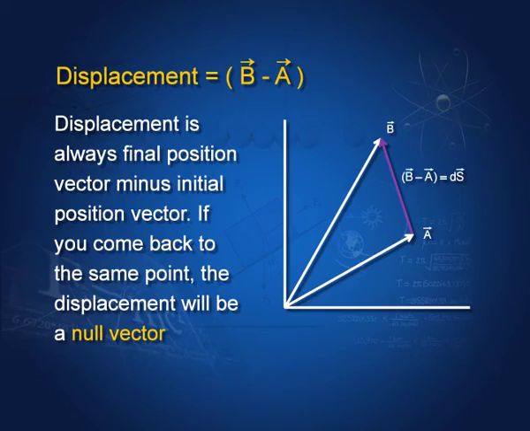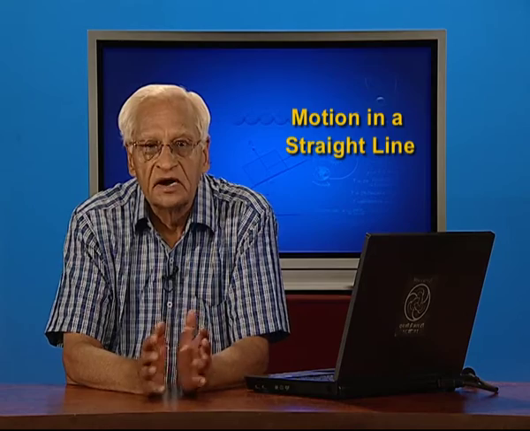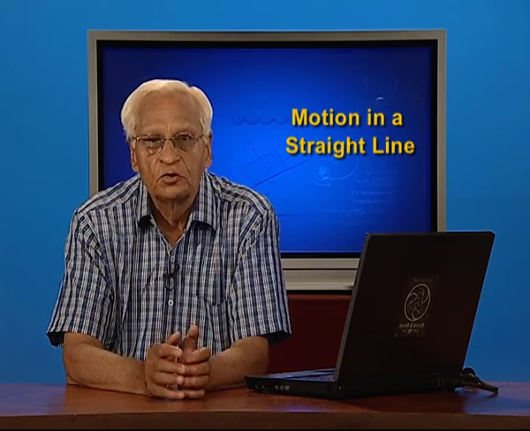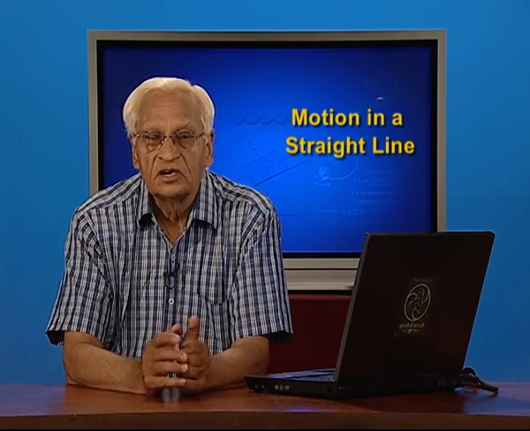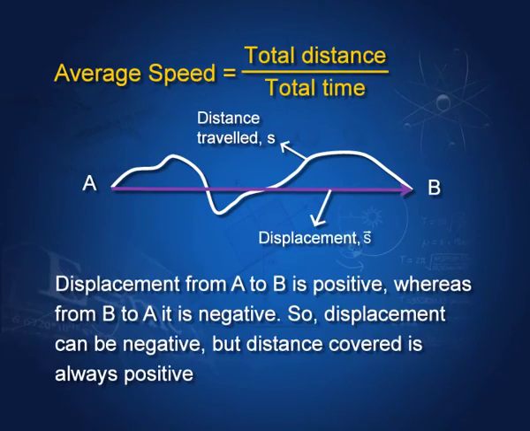You know already that average speed is defined as the total distance covered divided by the total time taken. Now, the distance covered would depend upon the path taken as shown in this diagram.